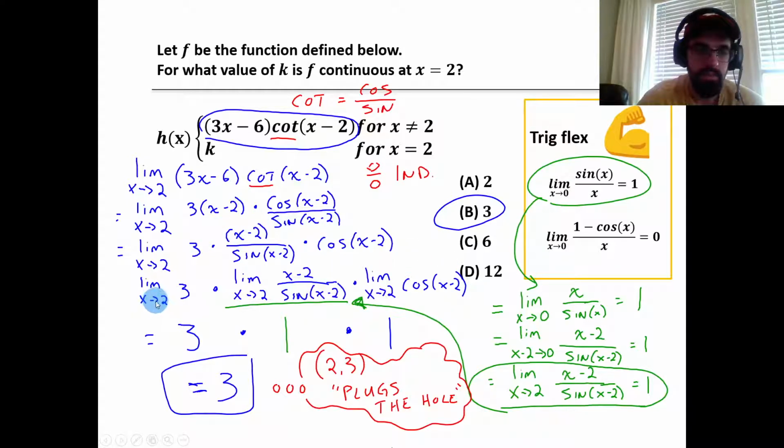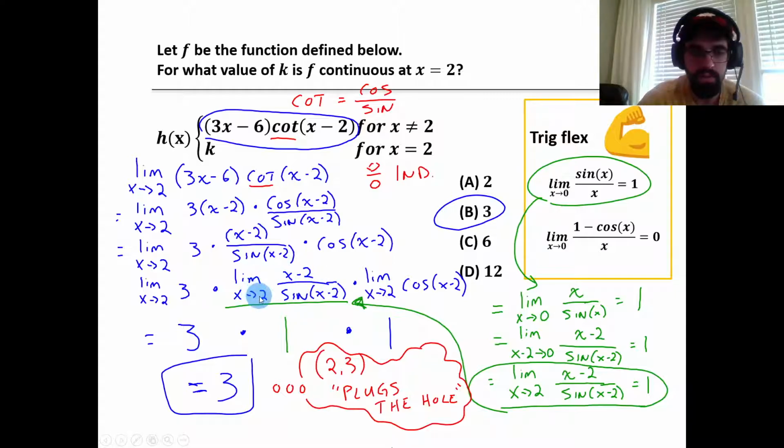So the first limit and the third limit are pretty straightforward. The limit as x approaches 2 of 3 is just 3. The limit as x approaches 2 of cosine of x minus 2: if we direct substitute 2 in for x, we get cosine of 0, which is 1. So that kind of simplifies things, but doesn't tell us the middle piece.